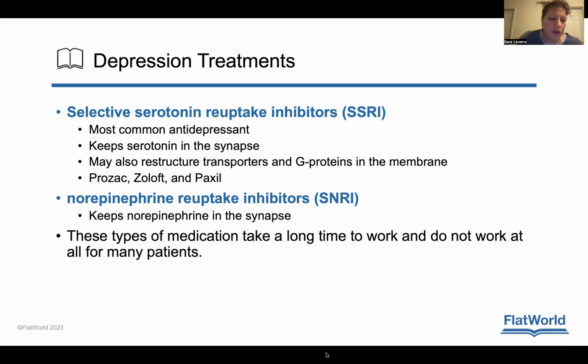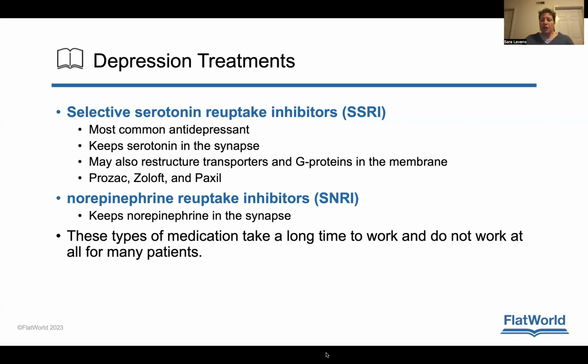Then you also have serotonin and norepinephrine reuptake inhibitors, SNRIs, and this keeps norepinephrine in the synapse longer. Again, they've noticed the serotonin and the norepinephrine as being associated with depression, so they have medications that are treating both of these areas.